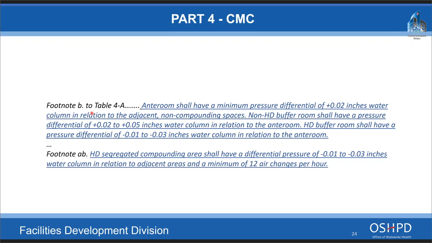Okay, what we've done here is make several changes to the footnotes in Table 4A. I've just pulled out a couple that I thought were important to let you know have occurred. In compounding, we are including the pressure differential requirements between the different rooms in compounding suites.